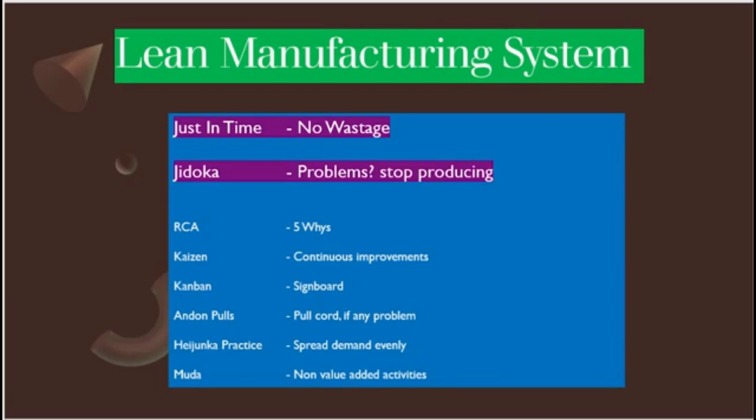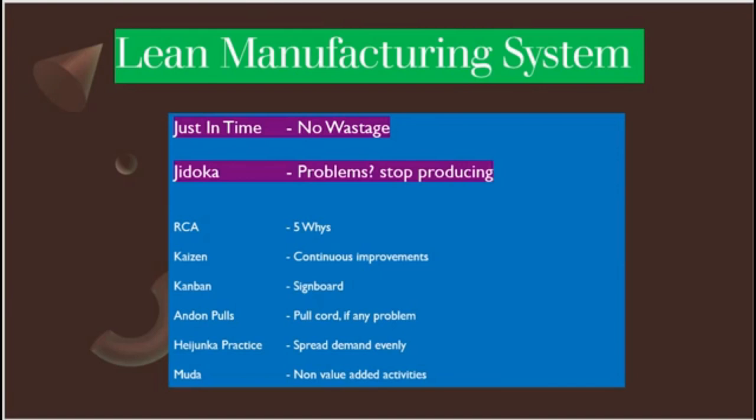So now let us look at Jidoka. During production, if workers find any problems, they should instantly stop the work, stop producing, and then the senior team will come and fix the problem. So how can this be done?